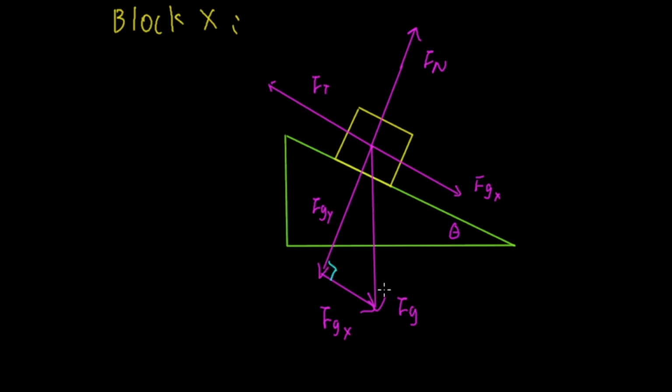So what's the angle here? We need to know this angle in order to calculate Fg sub x or Fg sub y. So what's the angle here? We have to look at this triangle now. We know that over here, this is a 90-degree angle. If this is theta, let's call this alpha.